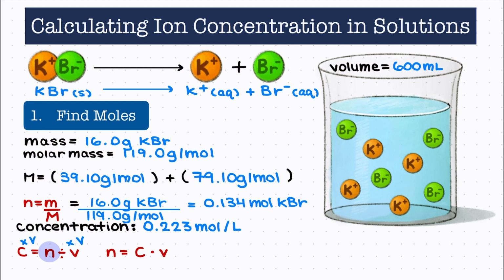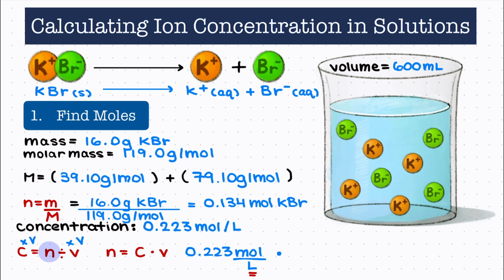Now all we have to do is substitute in our information. We have a concentration of 0.223 moles per liter, and we have a volume of 600 milliliters. Now, in order for our liters to cancel out, we need to make sure that our volume is also written in liters.